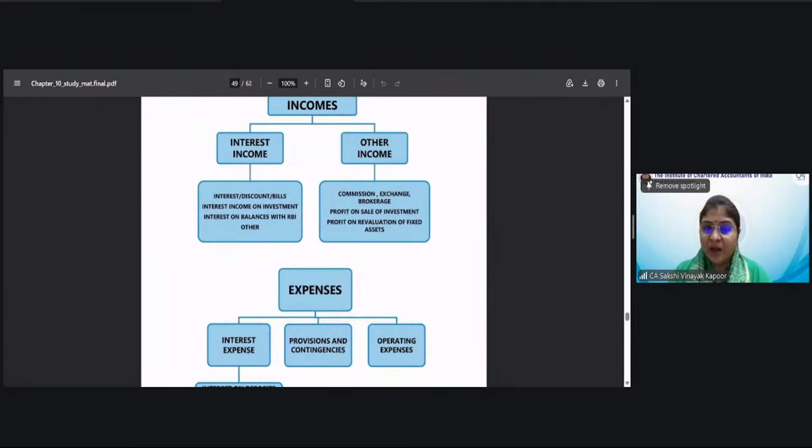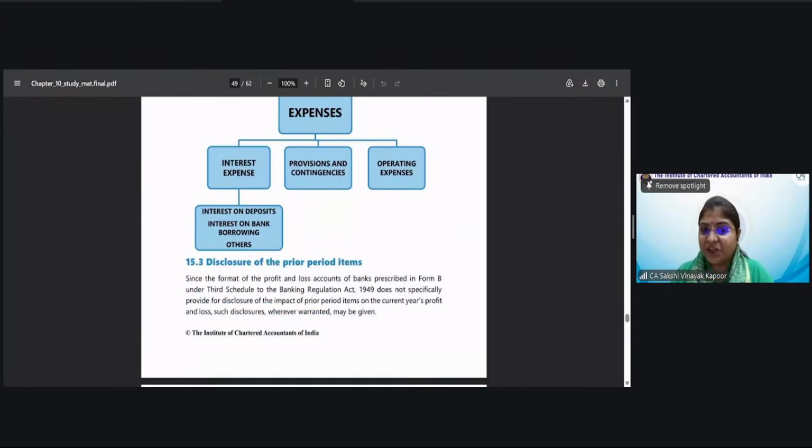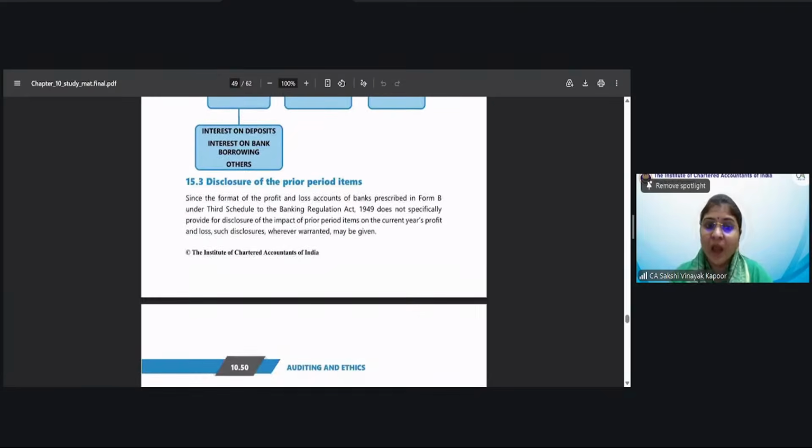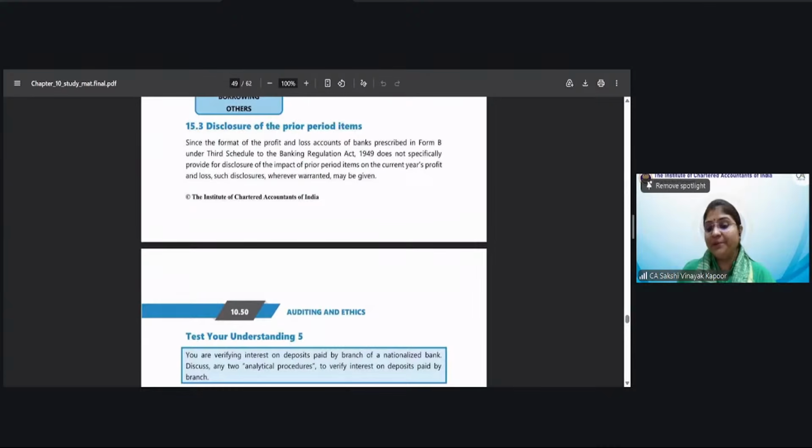See, there's a chart made. Interest income, other income, I have discussed this. Expenses regarding interest, provision, contingencies, operating expense, like I told you, rent, electricity, all that. Now, disclosure of the prior period items. Since the format of profit and loss of the bank is prescribed in Form B under the third schedule, you remember?